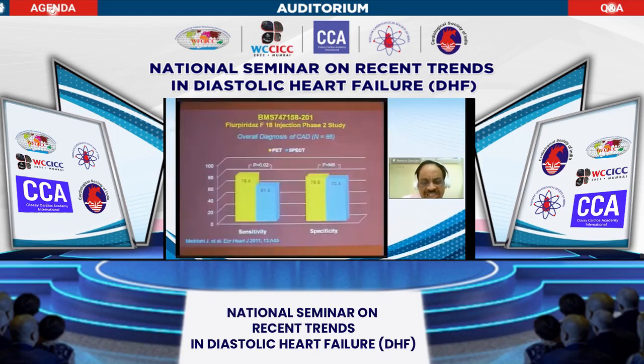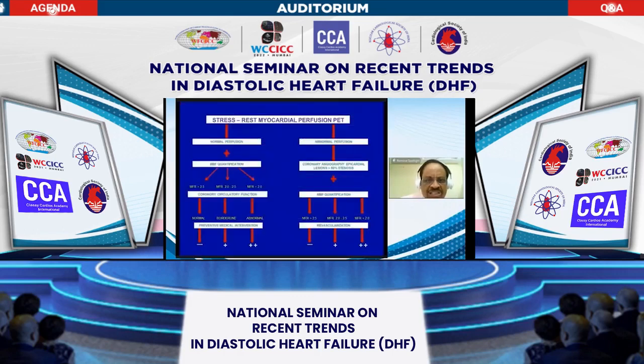But if you see the sensitivity and specificity, PET scores over SPECT by around 5% in sensitivity and around 2-3% in specificity. So the flow chart: stress, rest myocardial perfusion. If perfusion is normal, you go for myocardial blood flow quantitation, and if the MFR is more than 2.5, it is normal; 2 to 2.5 is borderline; less than 2 is abnormal.